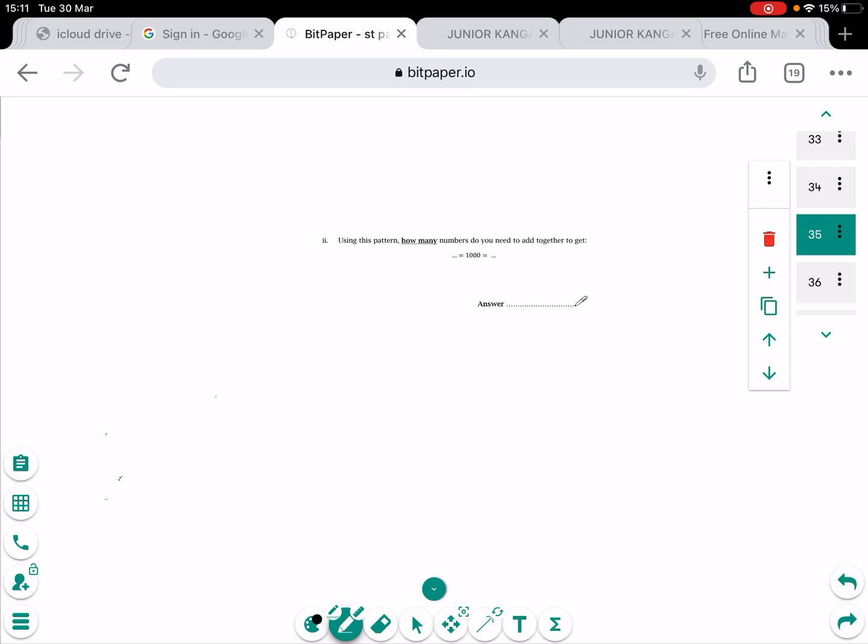So we need the cube root of 1,000. So therefore it's 10. That's our answer. It's not as hard as it seems.